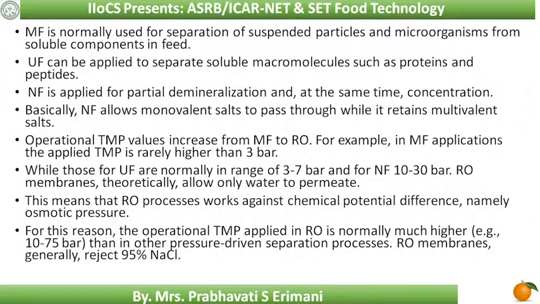Here, reverse osmosis will reject 95% of the sodium chloride. The pressure of 10 to 75 bar is higher in the case of reverse osmosis, and because of this only the water will be separated. Here the pressure is less, and the maximum pressure is in reverse osmosis.